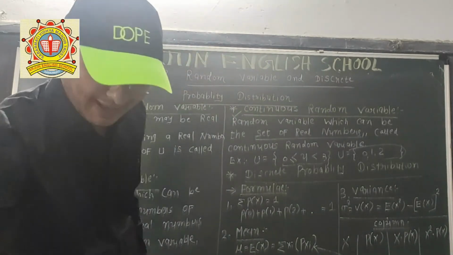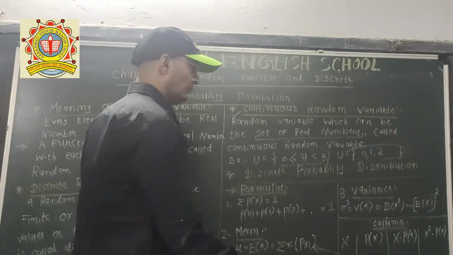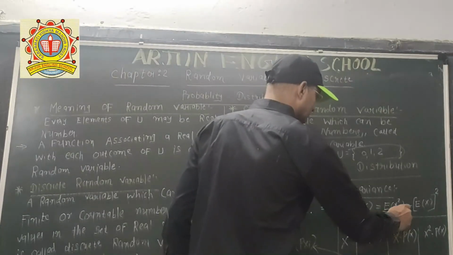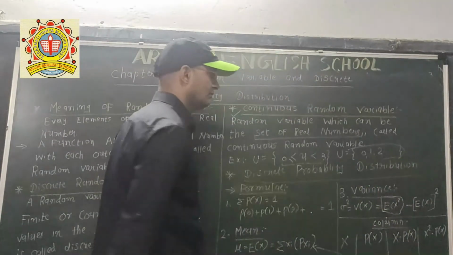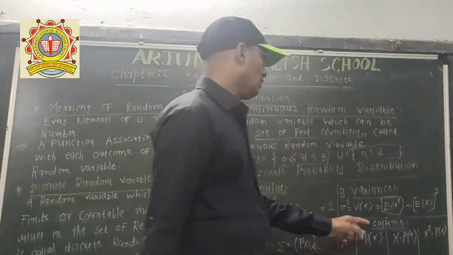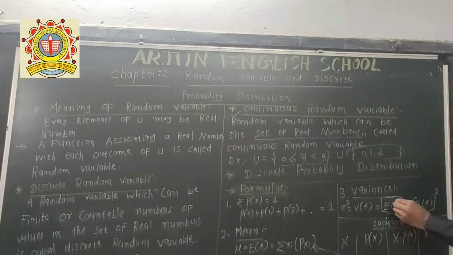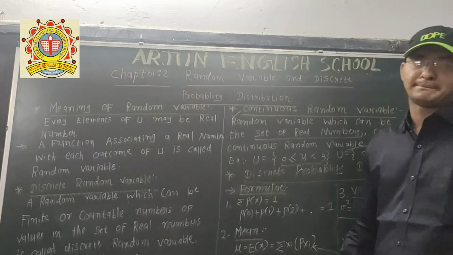And this sigma x square into P of x is useful for E of x square, meaning column number 4. The total of column number 4 gives E of x square, and E of x is the total of column number 3.